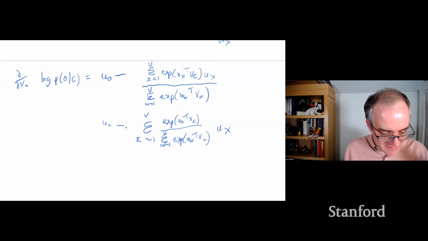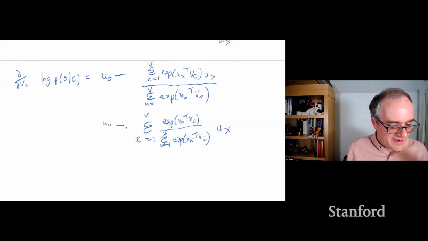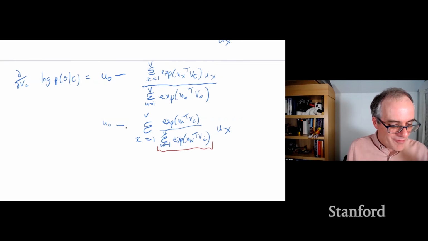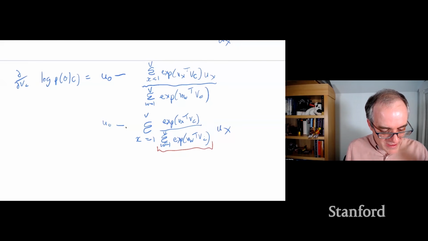And so at that point, this interesting thing has happened: we've ended up getting straight back exactly the softmax formula probability that we saw when we started. We can rewrite that more conveniently as saying this equals U0 minus the sum over X equals 1 to V of the probability of X given C times UX.